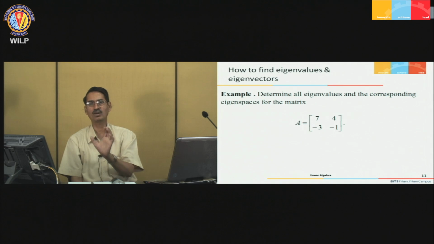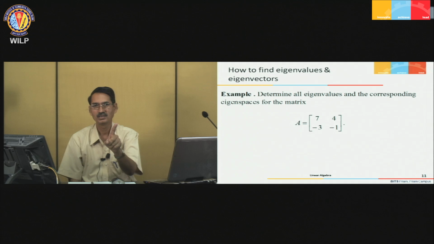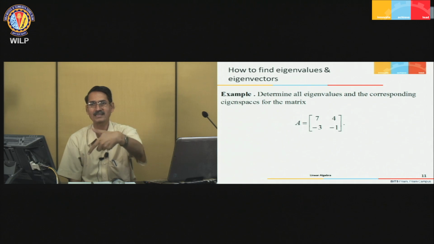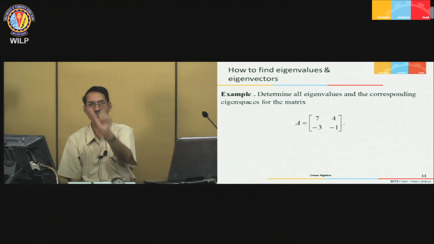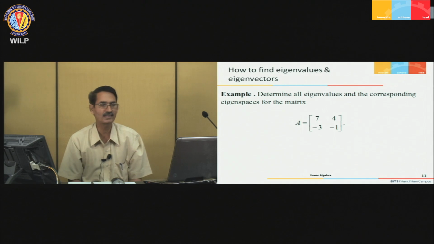And how to get all possible eigenvectors? If you know one eigenvector, then scalar multiple of that is also an eigenvector. And what is the meaning of scalar multiple? If x is an eigenvector, then c into x is also an eigenvector. And what is this c into x? Scalar multiple of x, that is the span of x, we shall see in a short while.